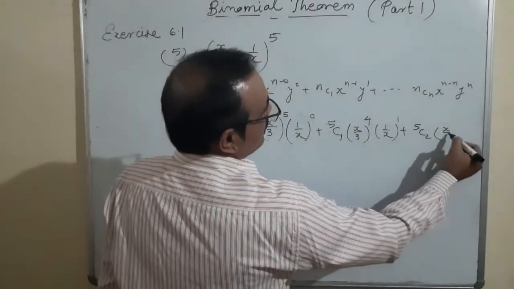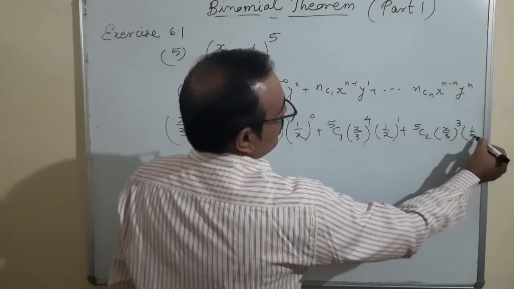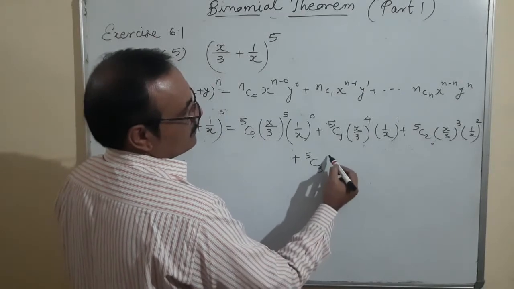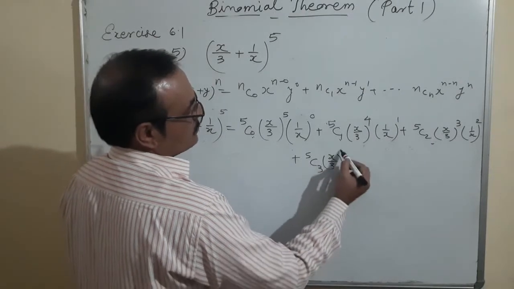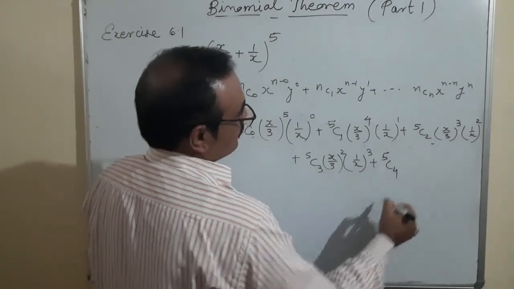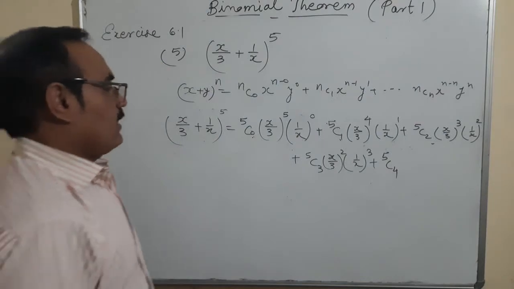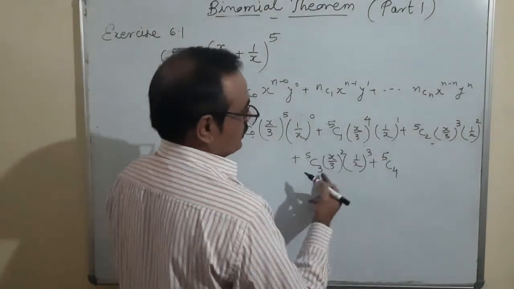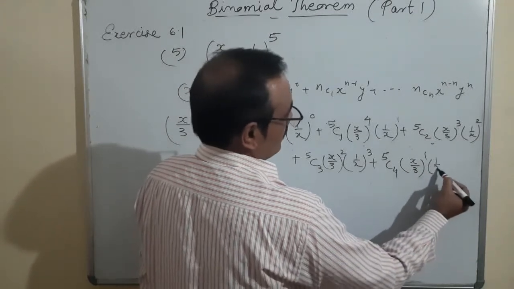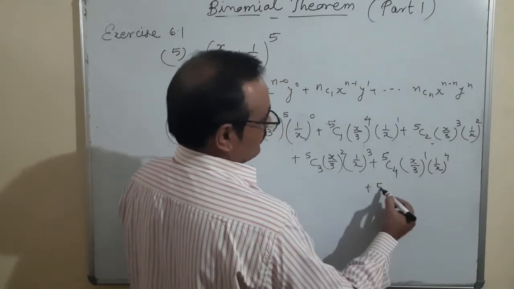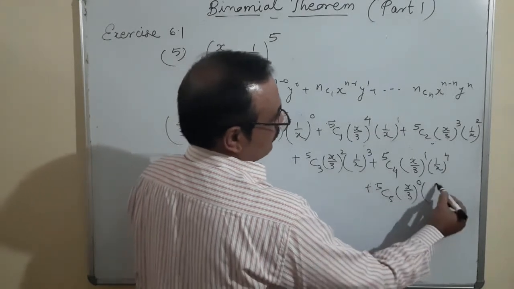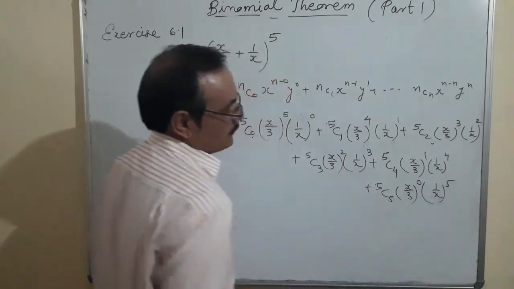5C2 x upon 3 to the power 3, 1 upon x to the power 2. 5C3 x upon 3 to the power 2 and 1 upon x to the power 3. And last 5C4 x upon 3 to the power 1, 1 upon x to the power 4, and plus 5C5 x upon 3 to the power 0, 1 upon x to the power 5.